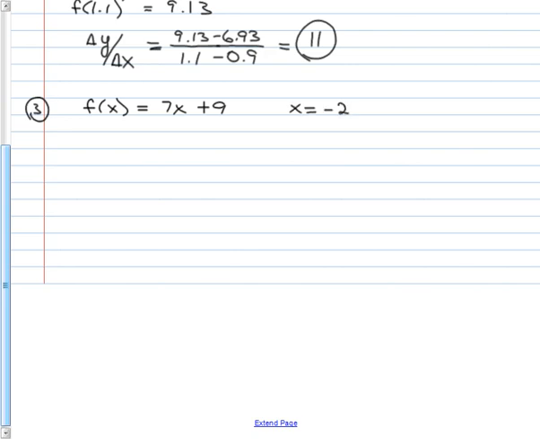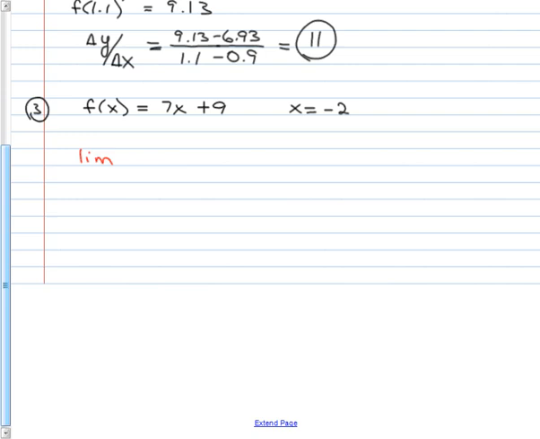Okay, so if I want to get instantaneously, we're going to use that formula for a derivative, that limit formula. Remember the limit formula, or you can look it up in the book. What limit formula can we use to find the instantaneous rate of change, or derivative it's called? Remember what it was?